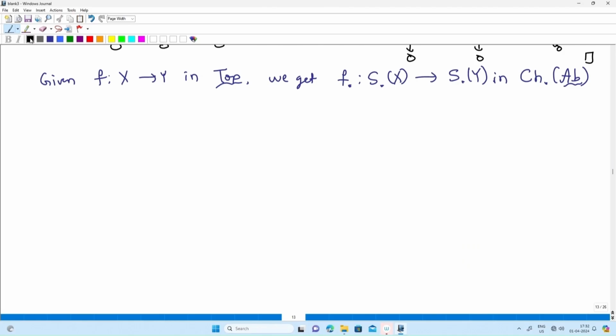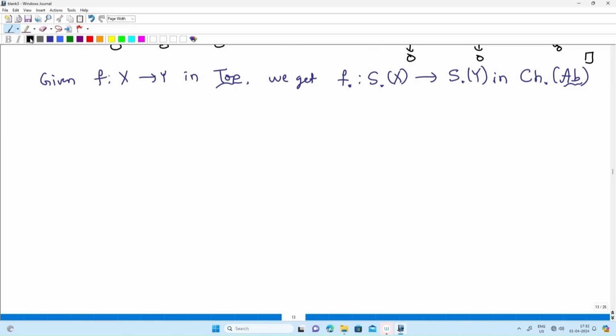It's a free abelian group at each place. Singular homology is defined similarly. These are just continuous maps from topological spaces.